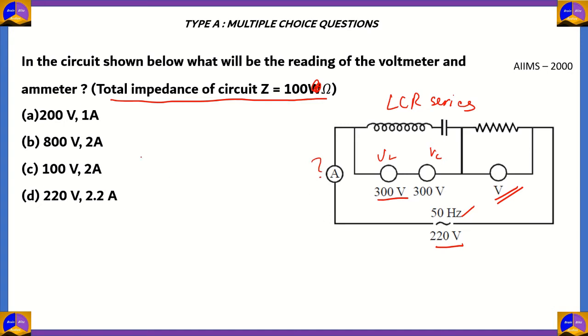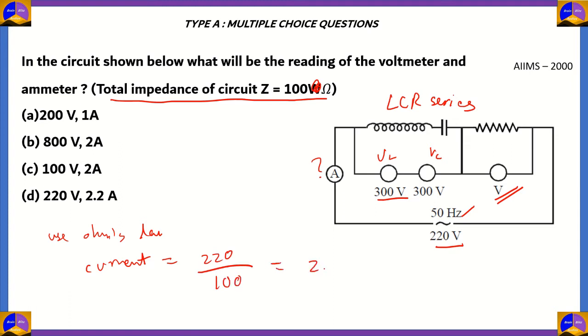How do we solve this question? We have total impedance as 100 ohms, and our voltage output is 220 volts. So therefore, we use Ohm's law. In this case, current is equal to the voltage, 220, divided by the impedance, 100.